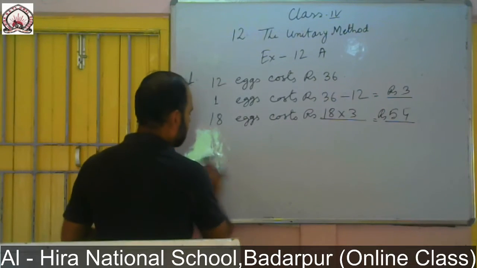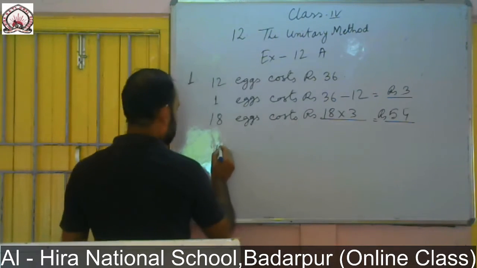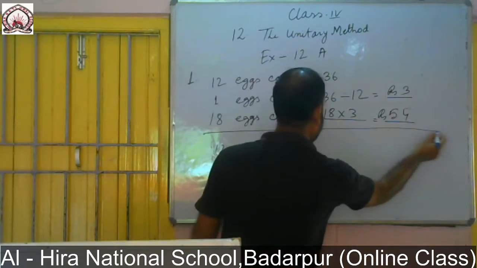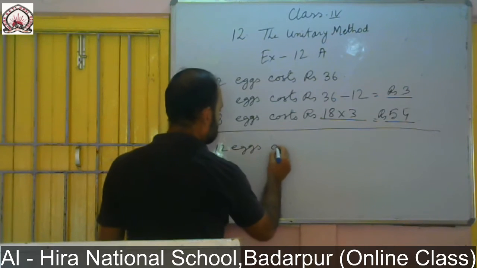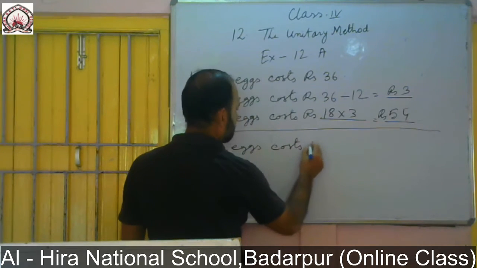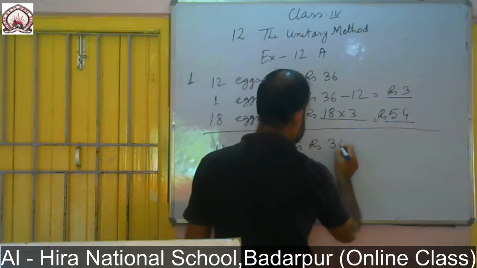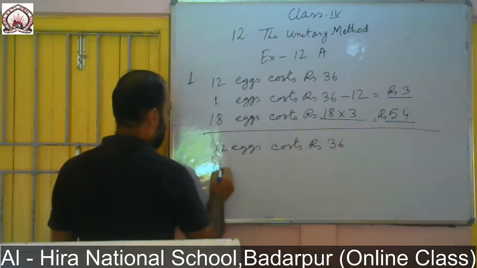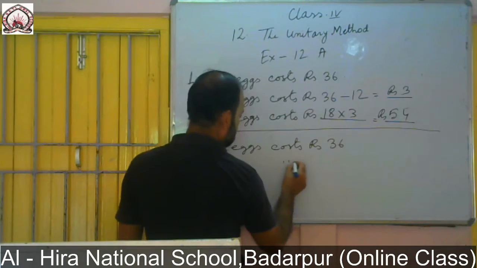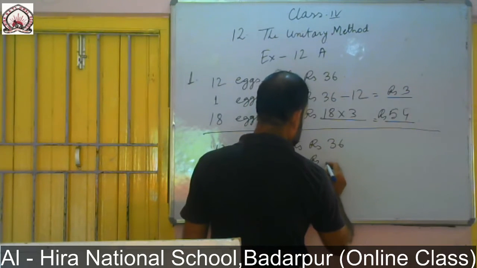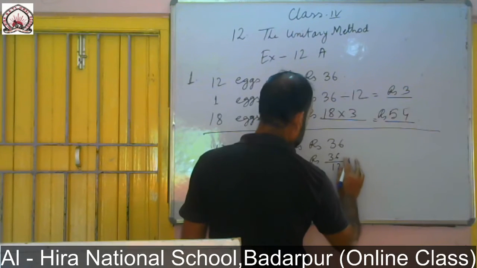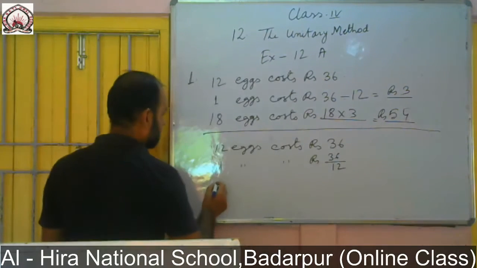Or another way we can do it. 12 eggs cost rupees 36. 1 egg costs rupees 36 divided by 12.